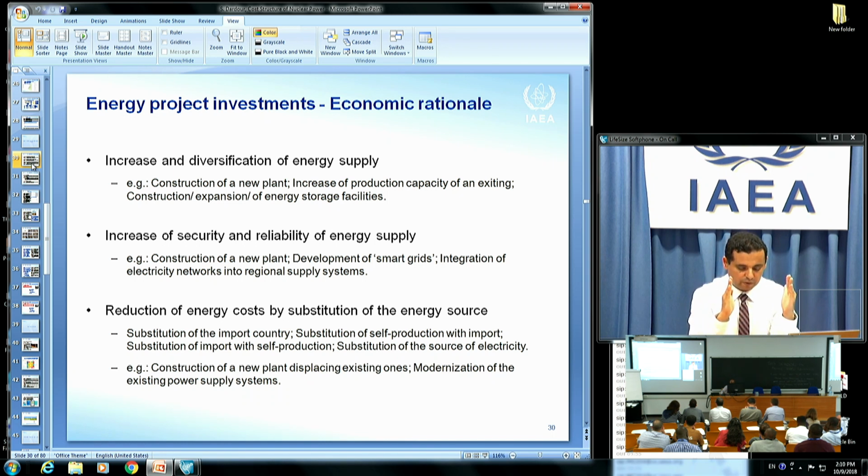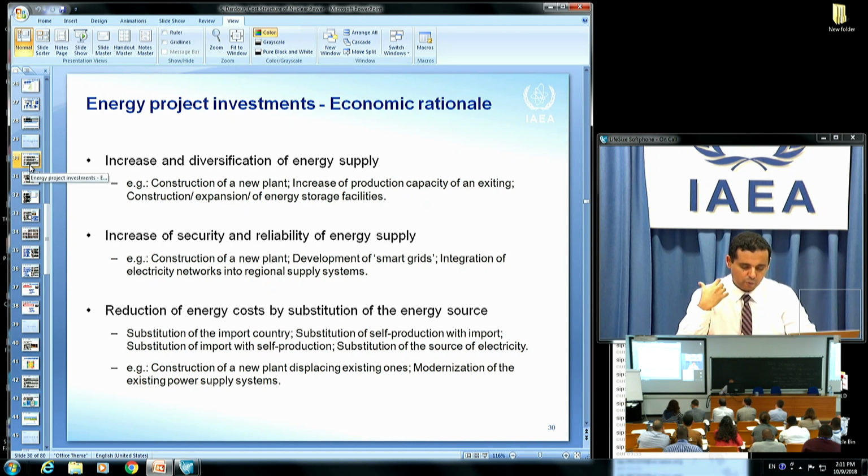And now I'm going to cover the part of the presentation that focuses on the benefits of nuclear power and how these benefits vary from one technology versus another.